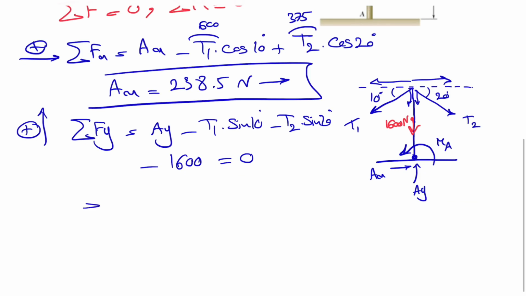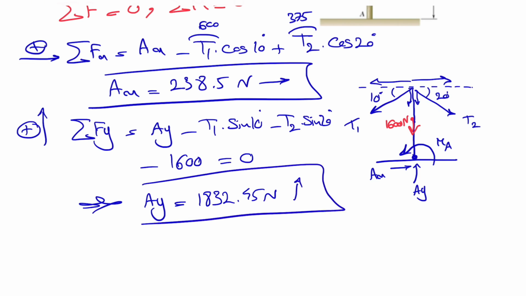And great, we have only one unknown in here. We know T1 and T2. So from here we can find the second unknown, Ay, which is 1832.45 Newton. No negative sign. Our assumption was correct, and that's the direction for Ay.